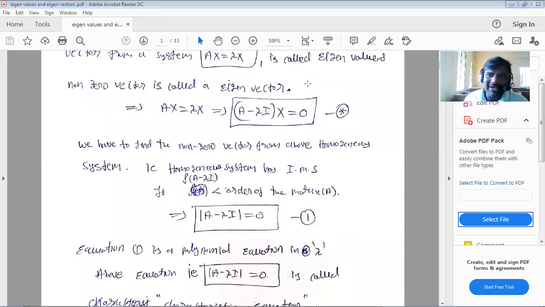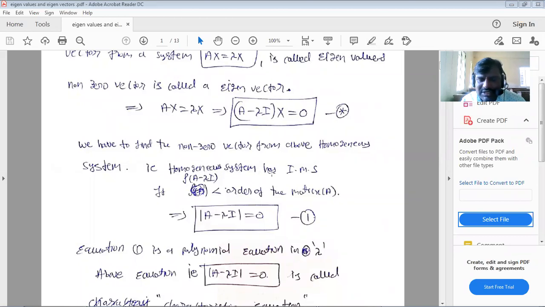Linear dependent, when do you get it? Linear dependent means the rank must be less than the number of unknowns. Isn't it? Which matrix do you have to find the rank of here? The rank of A minus lambda I. Now we have to find a non-zero vector from the homogeneous system.